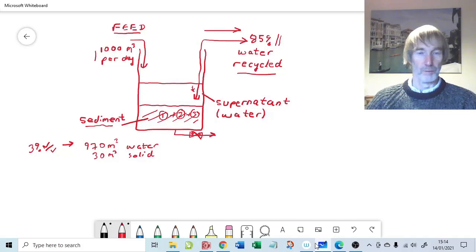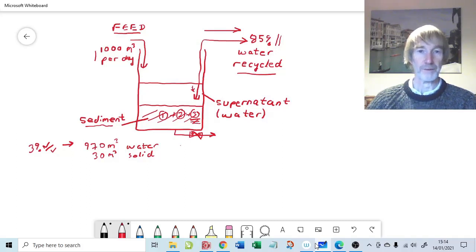Okay, well, before we look at batch sedimentation and what goes on in batch sedimentation, let's just do a few calculations, because the most difficult day, in other words, what we're going to have to effectively design this tank for, is day 3, when it's at its maximum capacity.